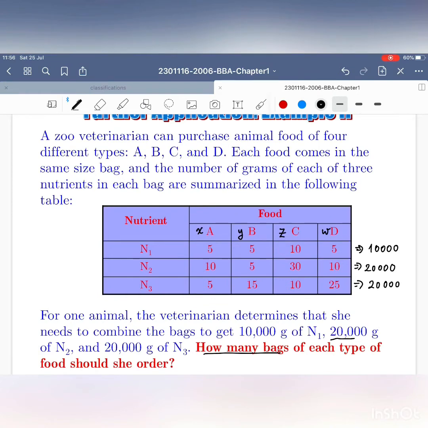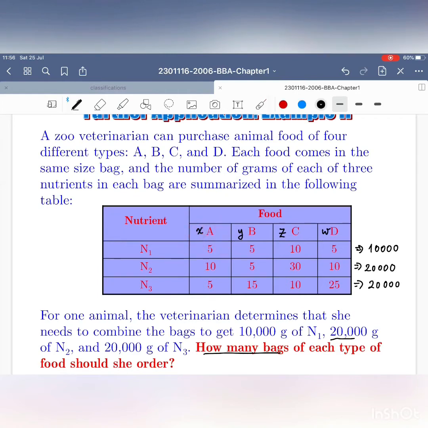So it means that if you buy only one bag of A, you get 5 grams of your first nutrition. But you really buy x bags, so you get 5x.